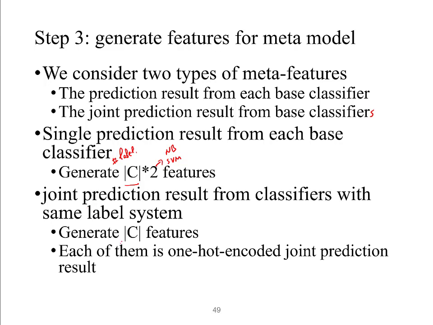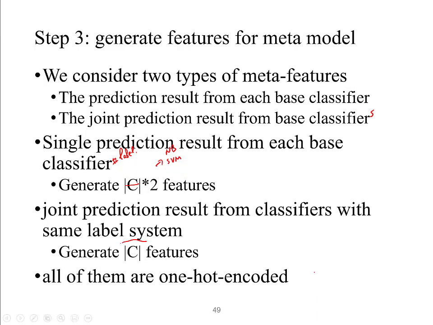So we will generate 3 meta features. And for each of the meta features, we will use a one-hot encoder, not only for the joint prediction result. Let me correct this: all of them are one-hot encoded.